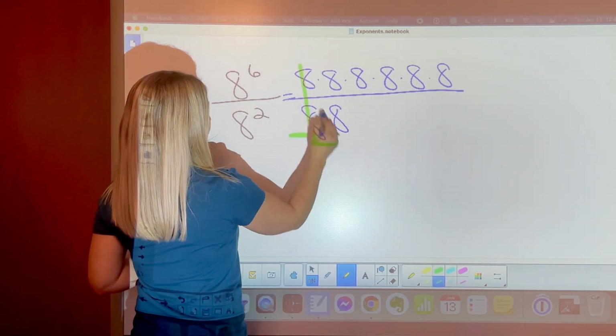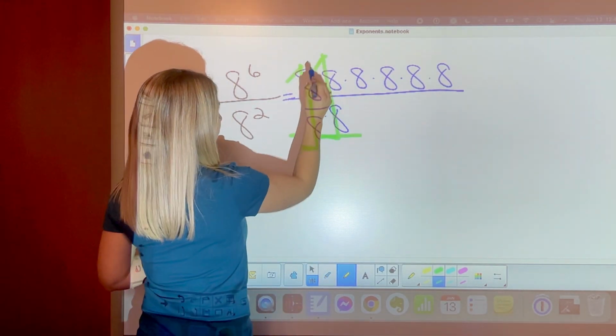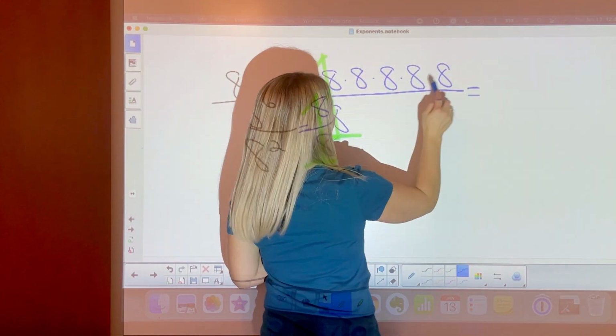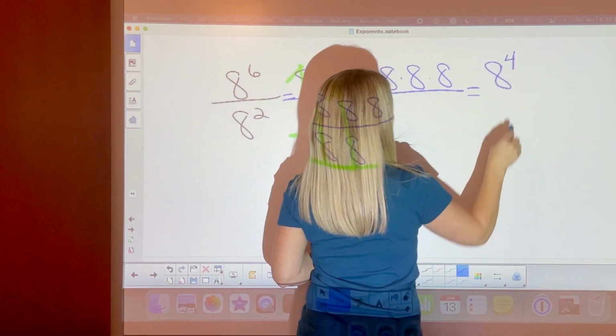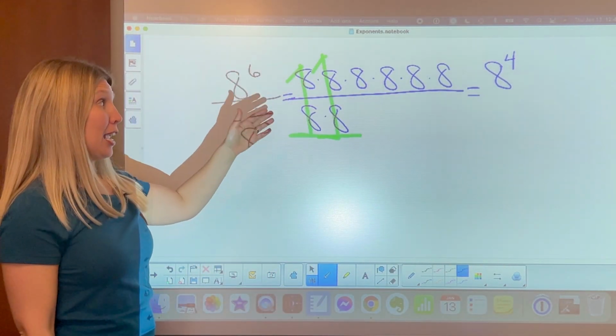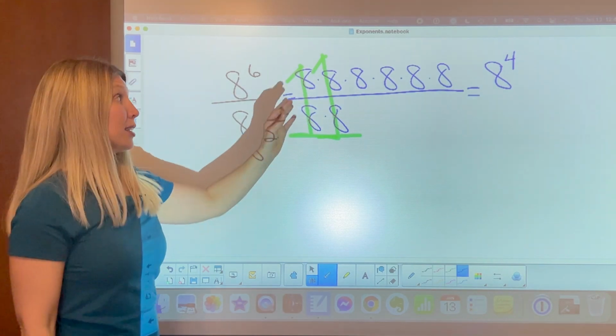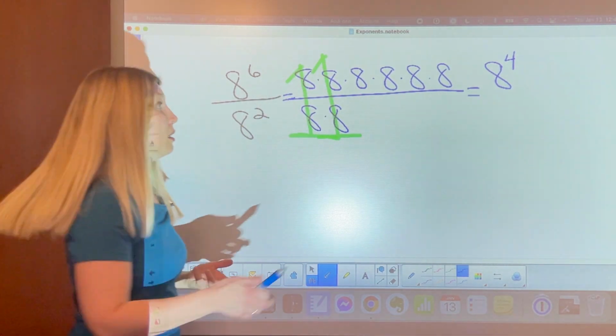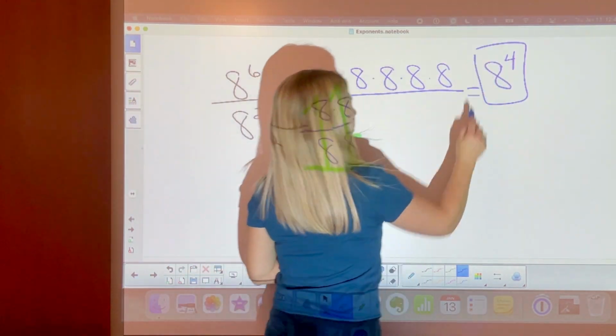So then our 8s, 2 sets of 8s will simplify down to 1, which means we are left with 8 to the 4th. Or if you have your calculator, you can go ahead and multiply 8 times 8, which is 64, times 8 more, right?